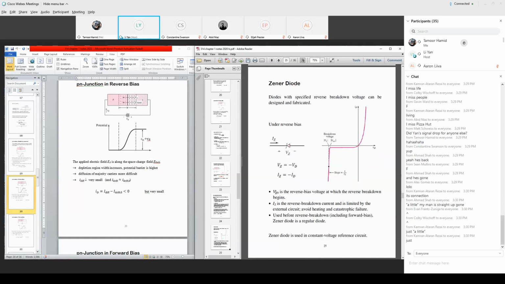More specifically, it is the voltage when breakdown begins, a quantity V sub ZO. That's the reverse bias at which breakdown will begin. But once breakdown occurs, the current rises very, very fast. With a small amount of voltage beyond the reverse breakdown voltage, you can create a huge reverse breakdown current along this vertical line very, very quickly.